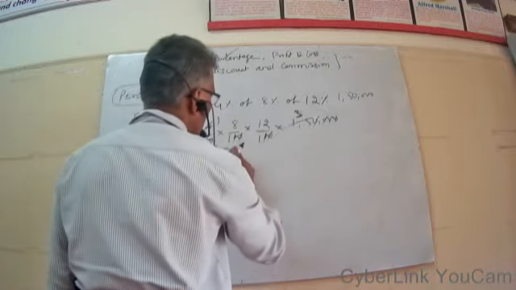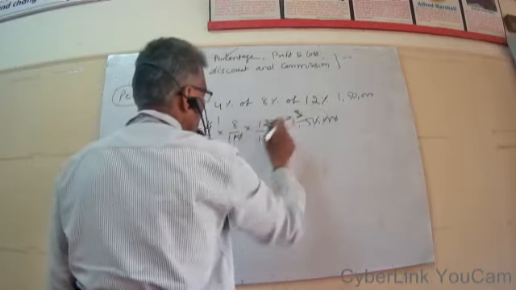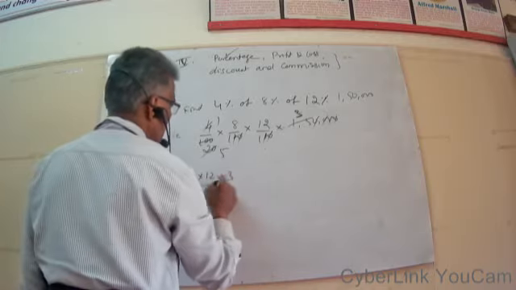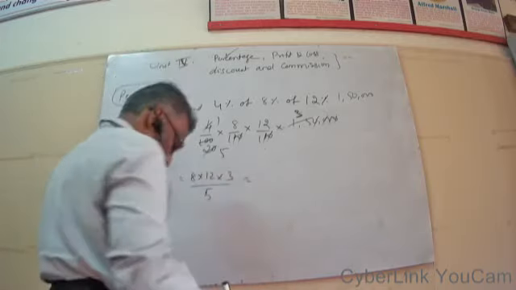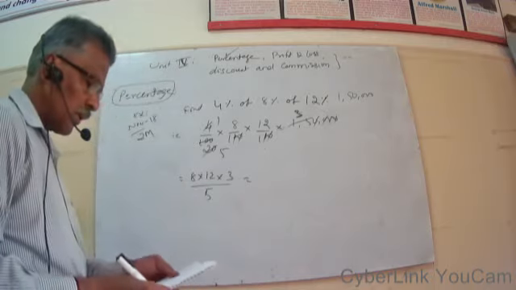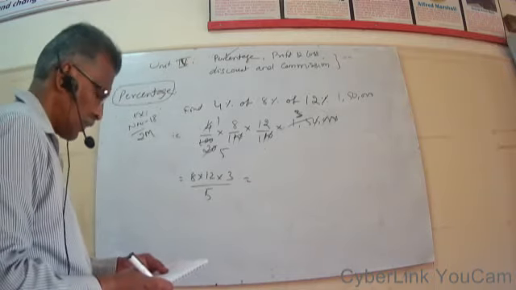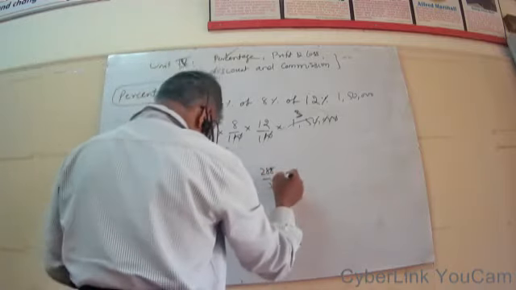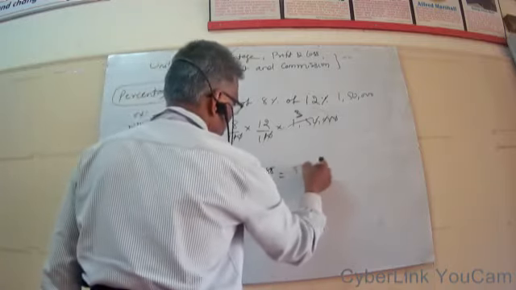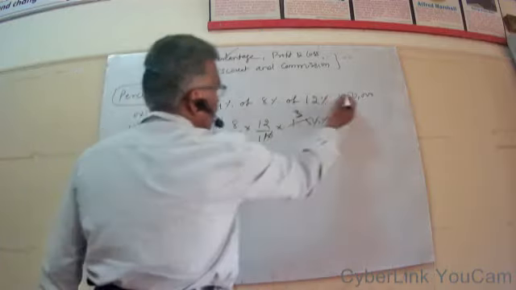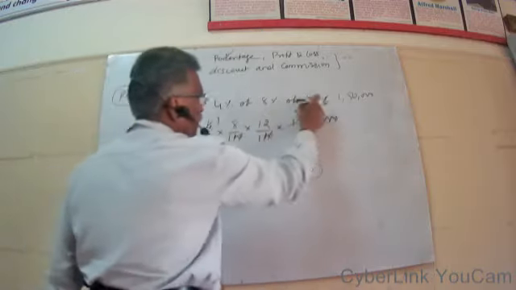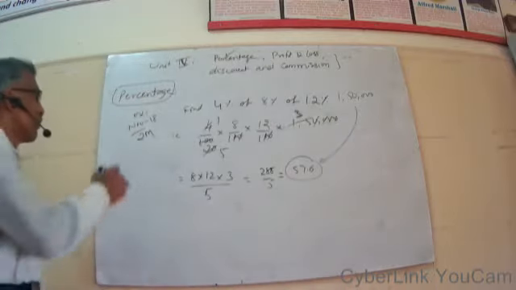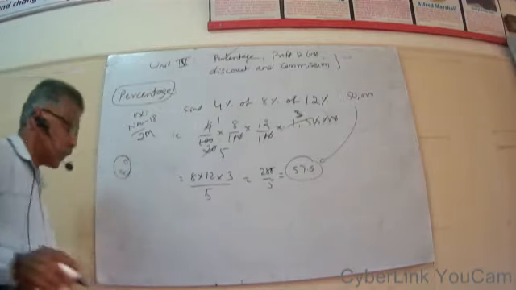So in the denominator 5 remains. 8 into 12 into 3 divided by 5 equals 288 divided by 5, which is 57.6. So 4% of 8% of 12% of 1 lakh is 57.6. This is a 2 marks question.